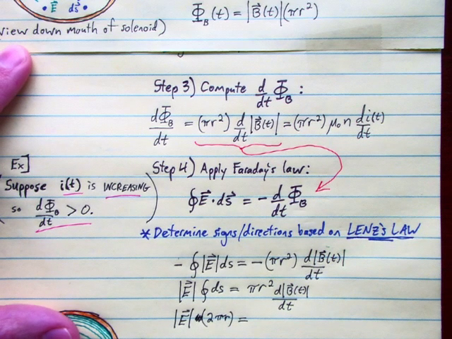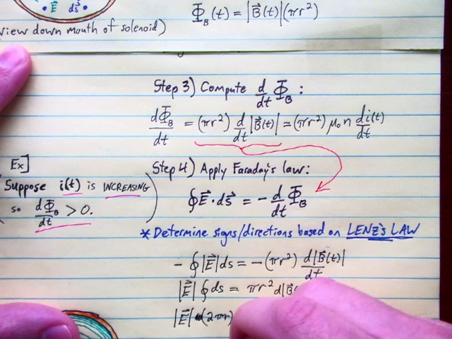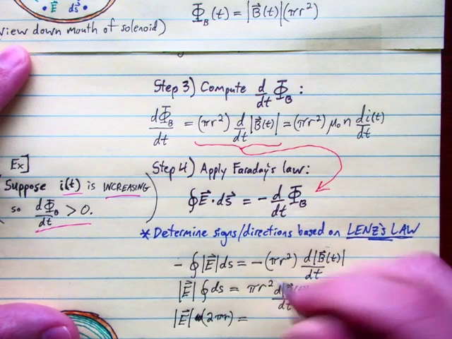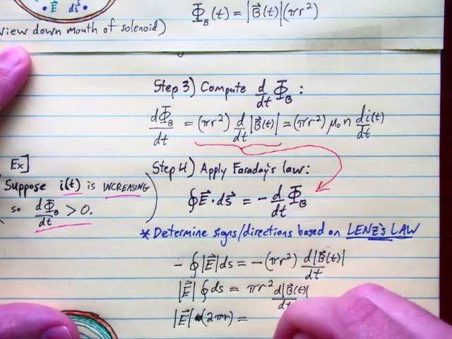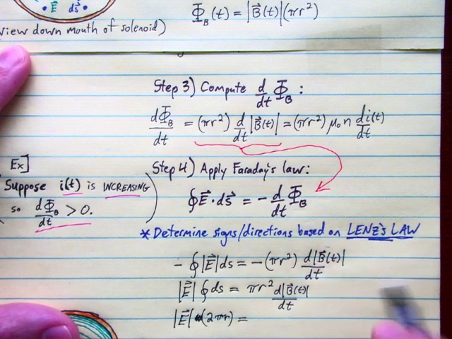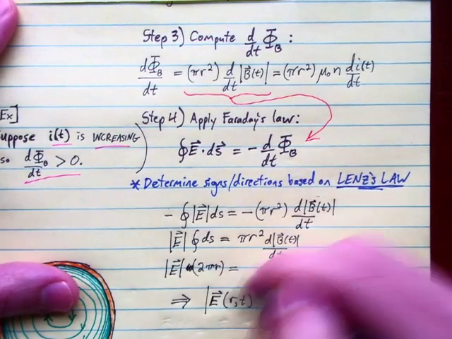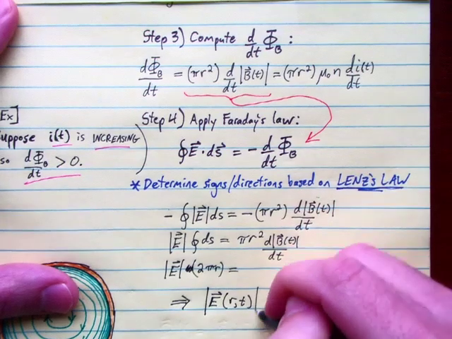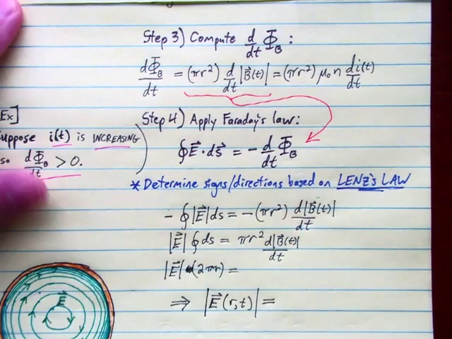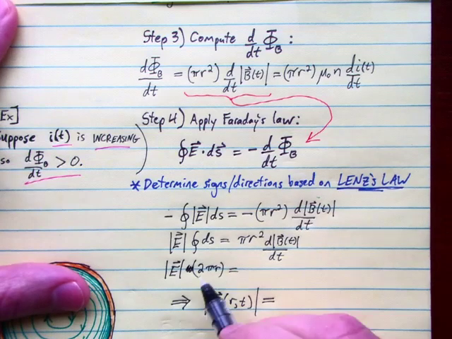And we can conclude that our electric field strength as a function of little r, and potentially as a function of time, since the right-hand side is a function of time, equals this divided by 2 pi r.